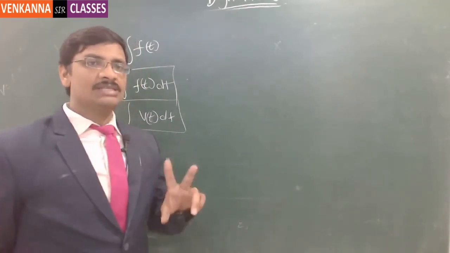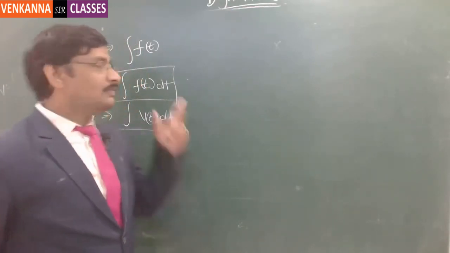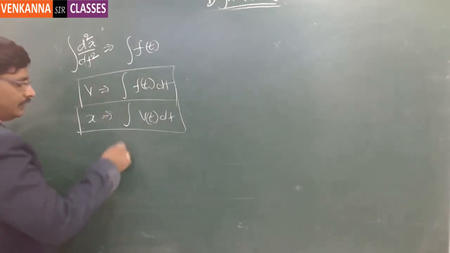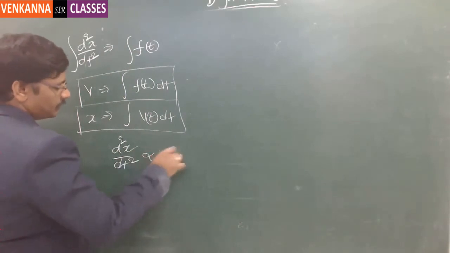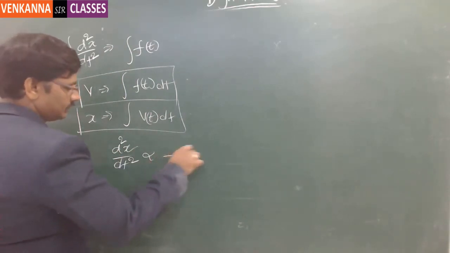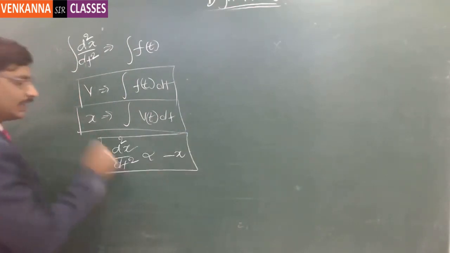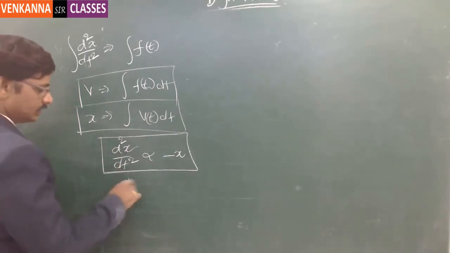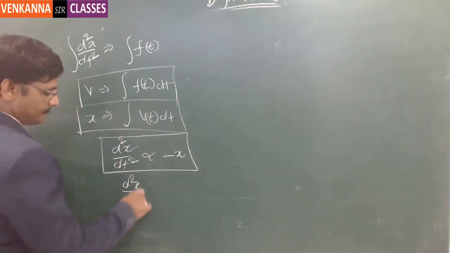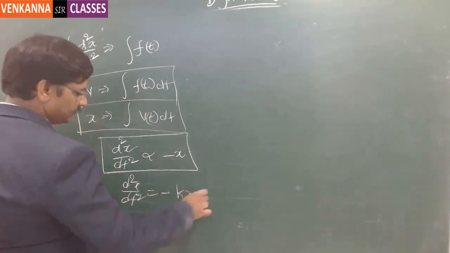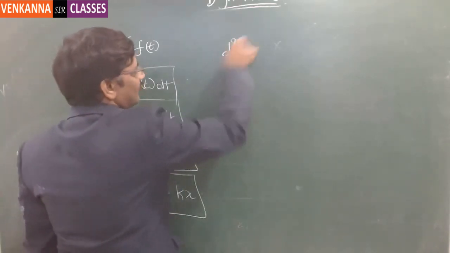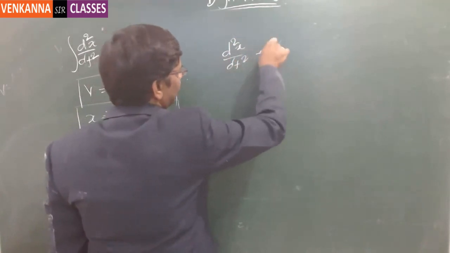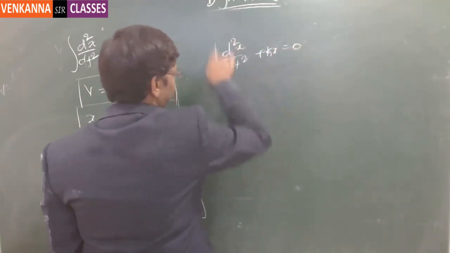And in case of one-dimensional motion, if this acceleration d square x by dt square is directly proportional to x and opposite to x, this is one particular case where d square x by dt square is equal to minus kx. And this differential equation, if you notice, d square x by dt square plus kx equal to 0.